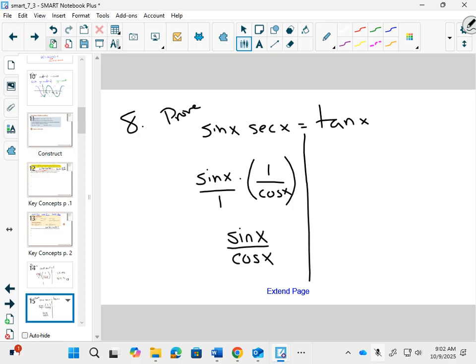So on the left side, I wrote it as a single fraction, but my left side and my right side aren't the same yet. And here you have a little bit of options, okay? What can we change tan to? Big idea. Tan is sine over cos. So you could change this side to sine over cos, and then they're exactly the same, so we can write our statement left side is equal to right side.